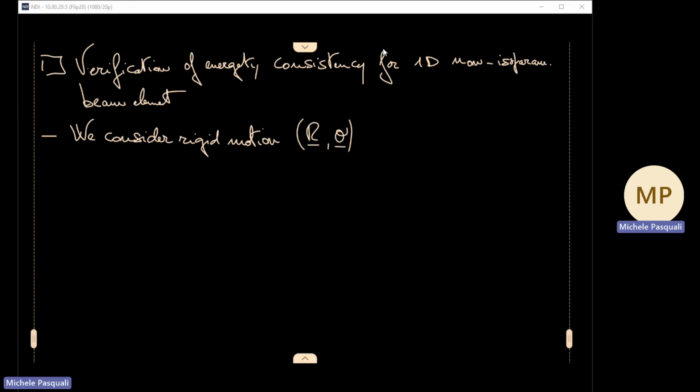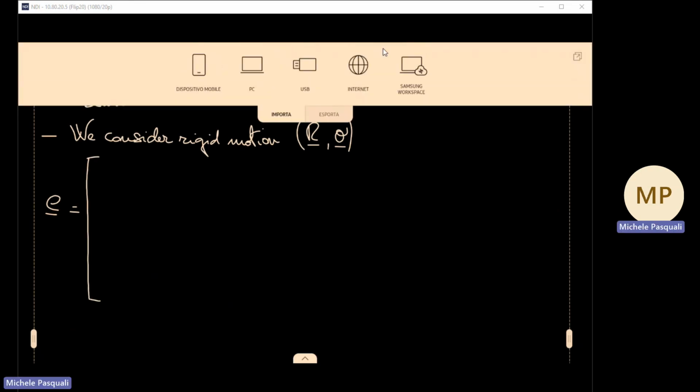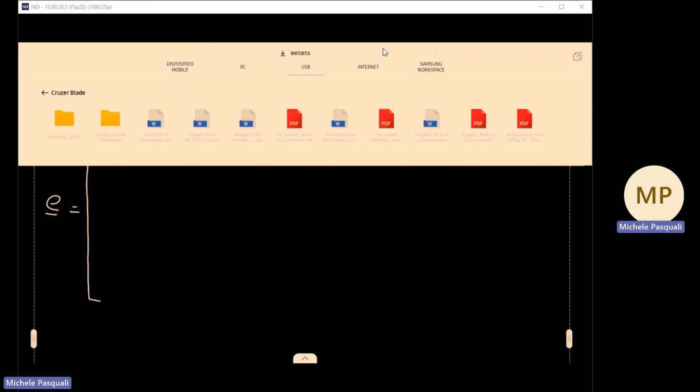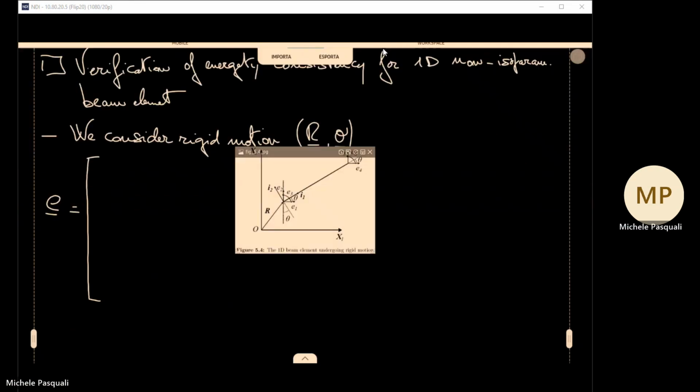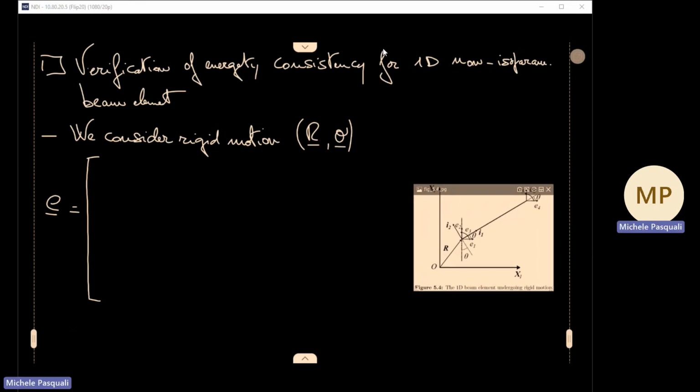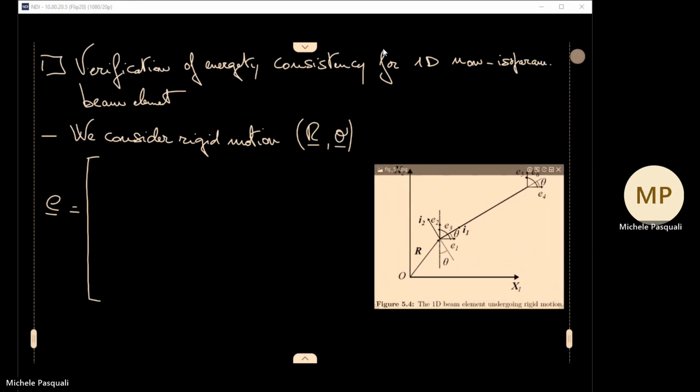So let's go directly to the definition of our nodal quantities, which in this case are 6, if you remember. We have 6 nodal quantities: E1, E2, E3, E4, E5, and E6.